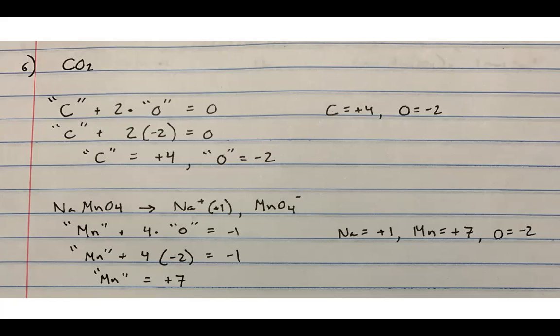The sum of the oxidation numbers has to equal -1 because of the charge on permanganate. And if oxygen, there's 4 of them, each with a -2 oxidation number, that means manganese has to have a +7 oxidation number. Okay, so sodium should be +1, manganese +7, and oxygen -2.